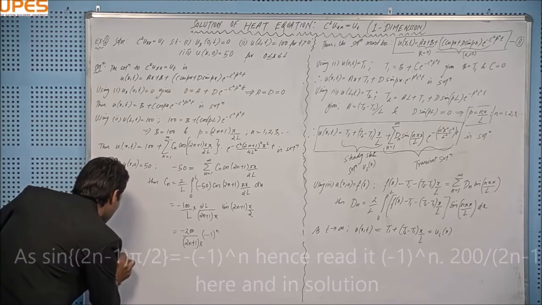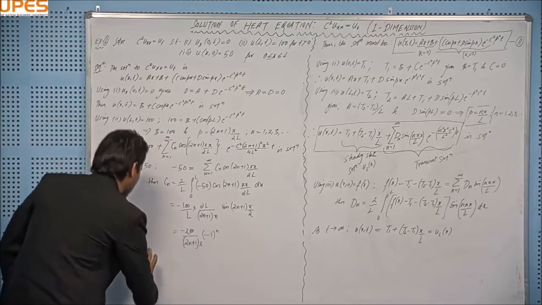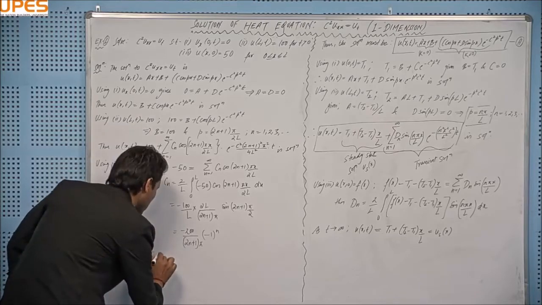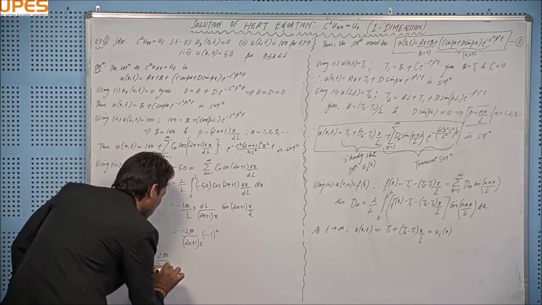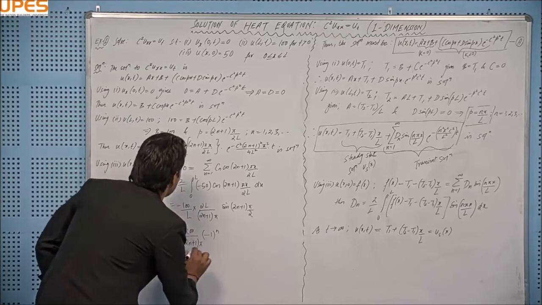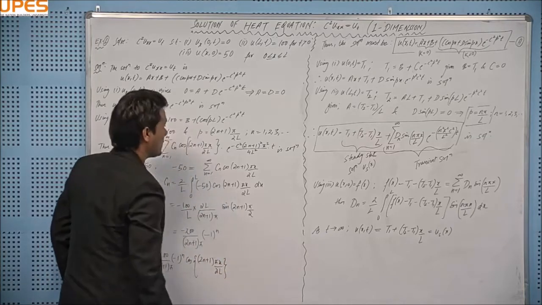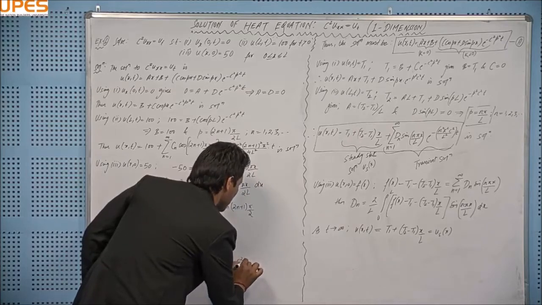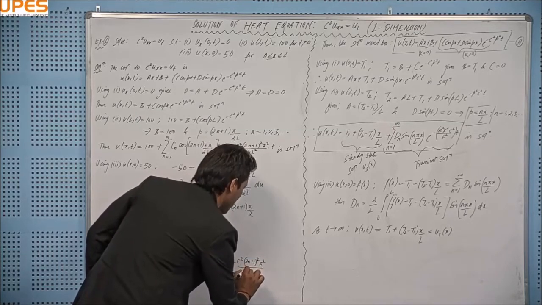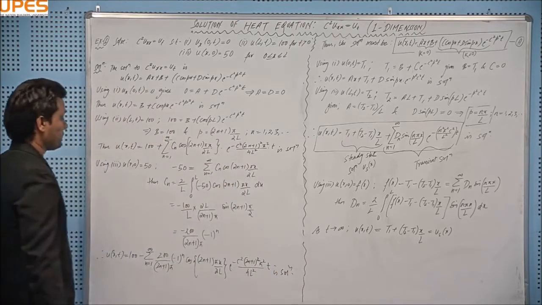Therefore, u(x,t) equals 100 plus, I think it will become minus, summation n equal to 1 to infinity of 200 over (2n+1)π times minus 1 to the power n, times cos of the angle (2n+1)πx over 2L, multiplied by e to the power minus c squared (2n+1) squared π squared over 4L squared t.